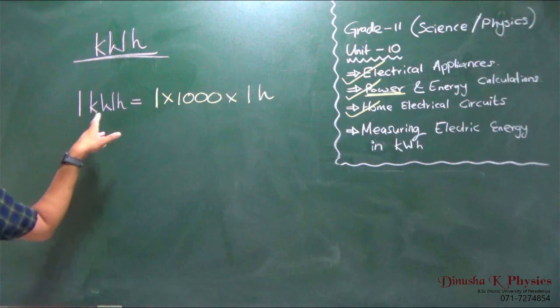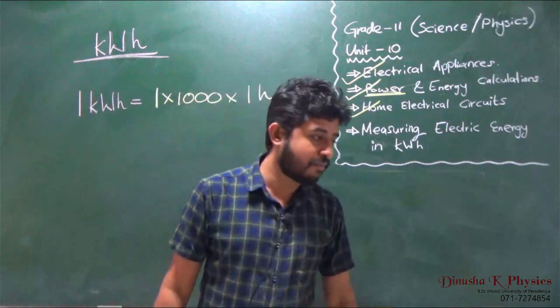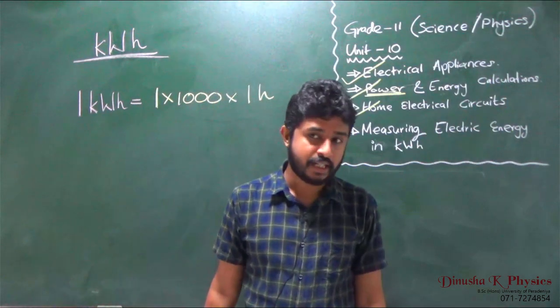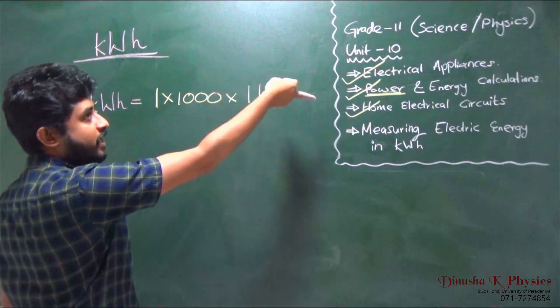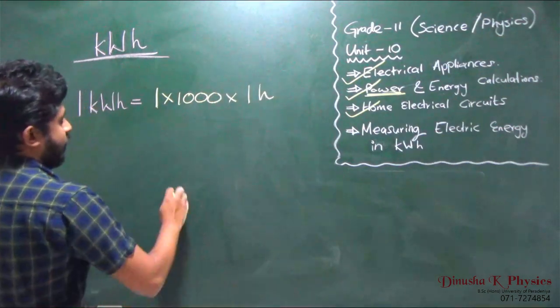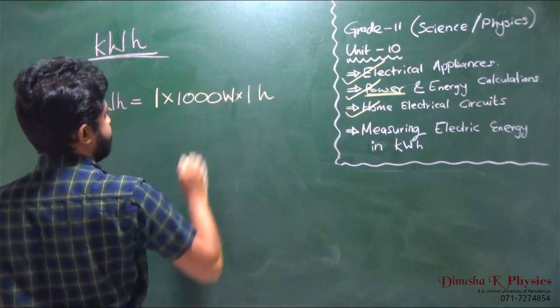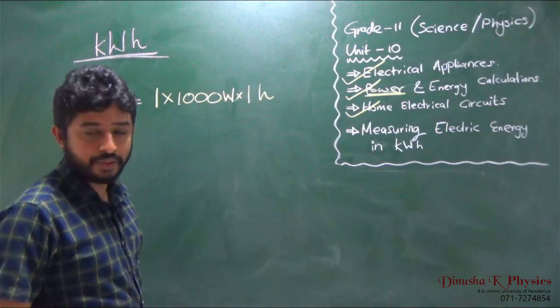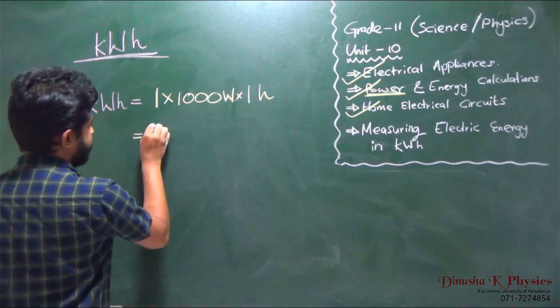So 1 kilowatt hour is equal to 1000 watt hours. Again, hours must be converted to seconds, so that we have watt seconds, which is joules.